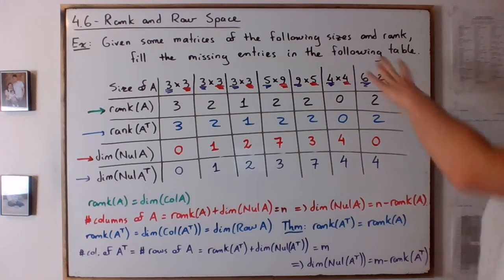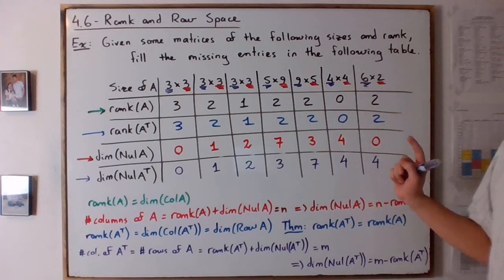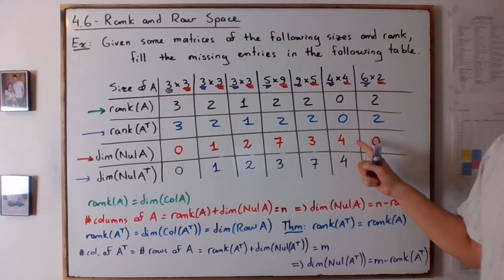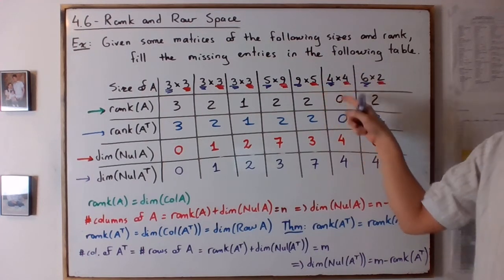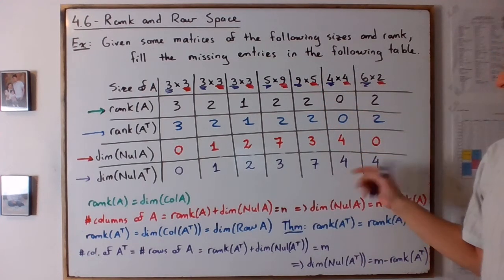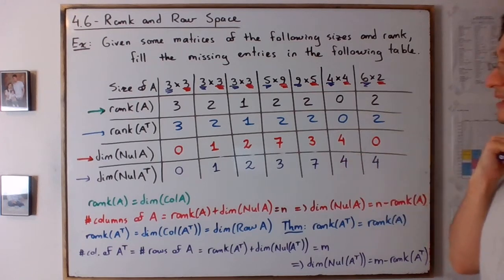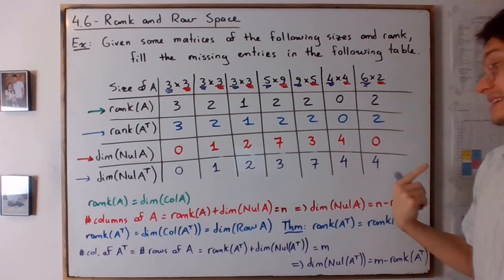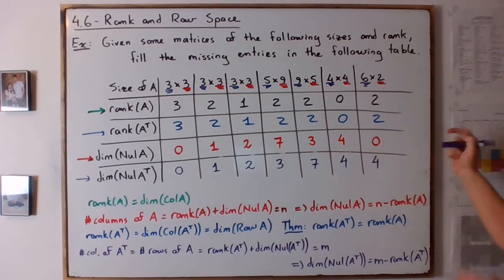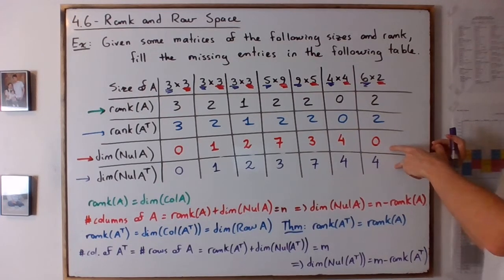I don't know how much I can comment over here. For the case of a square matrix, if you have a 0 rank, it means that the dimension of the null space is the maximum possible, which is 4.